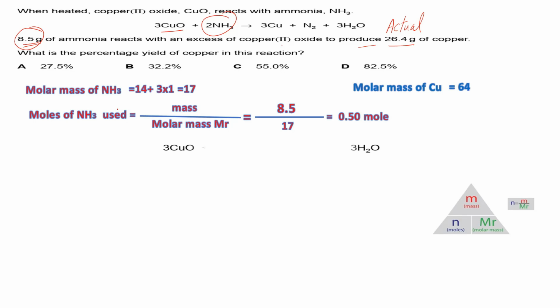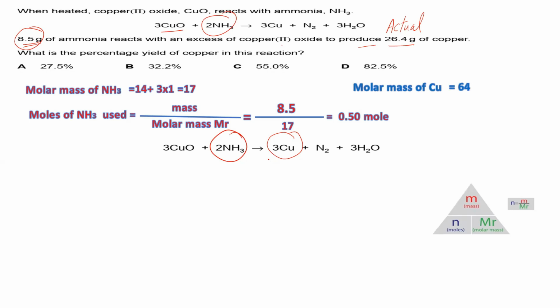Now, with the same concept, we return to the equation. The equation shows 2 moles of ammonia reacts to give 3 moles of copper. This ratio 2 to 3 is between the reactant that is used up, like ammonia, and the product we need to calculate its percentage yield.